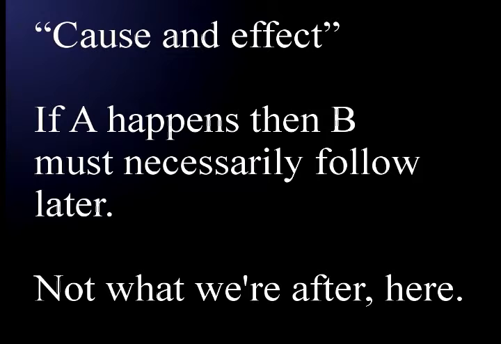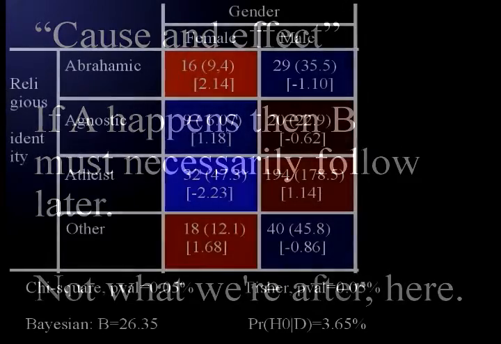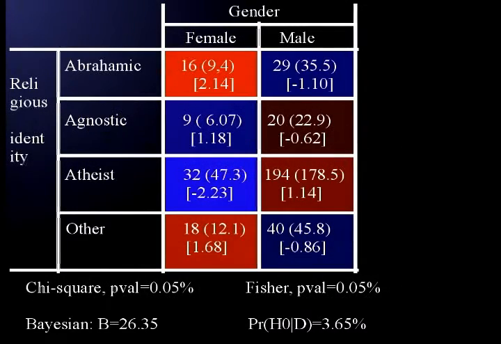Often people think about a cause as something deterministic, that B follows A for sure, and that will not do for our purposes. While I did find that there was a dependency between gender and religion, with females being more probable to be Abrahamic than expected under independence, there are still atheistic females and male followers of the Abrahamic religions.